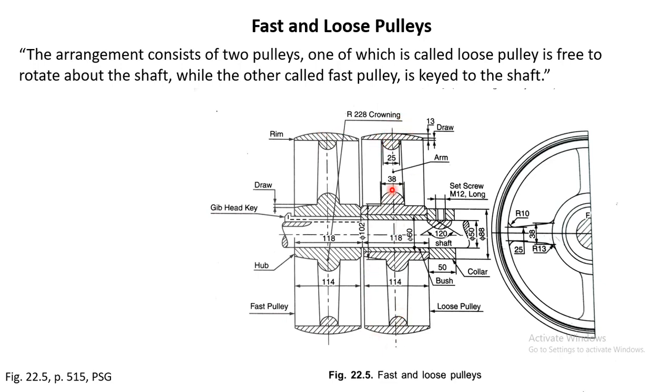The loose pulley will just rotate about the shaft without making the shaft rotate. And since there will be a lot of friction here, this is made of a brass bush so that friction can be reduced. And this pulley is a loose fit on the shaft, so a collar is provided here to fix this so that it doesn't go out of its place. So these are fast and loose pulleys.